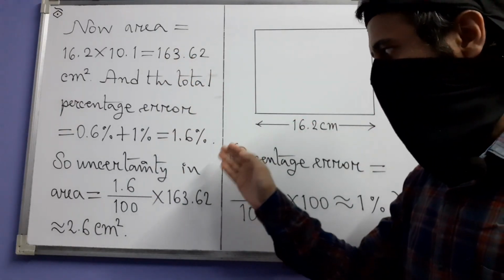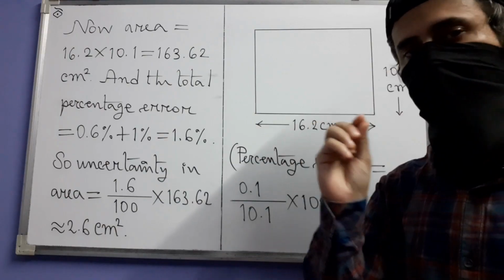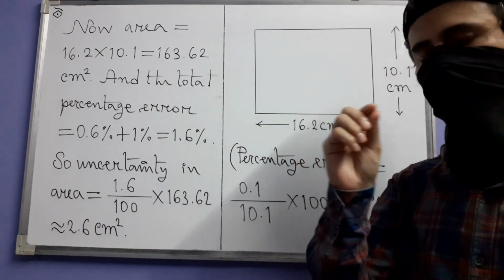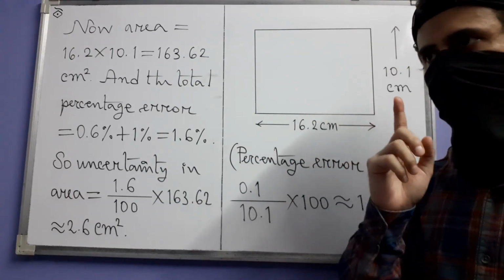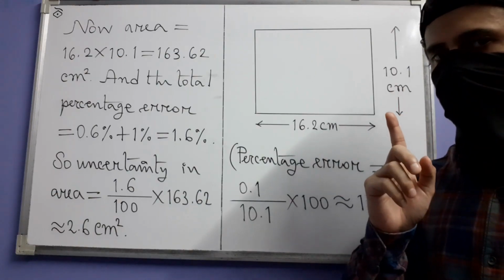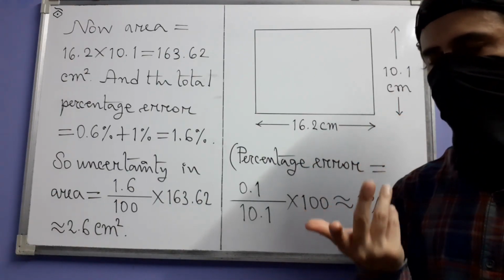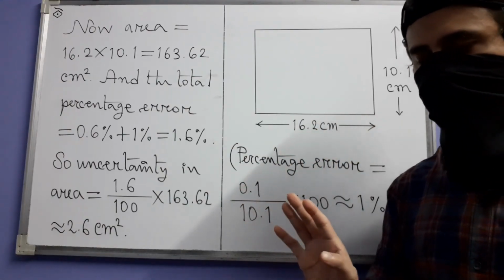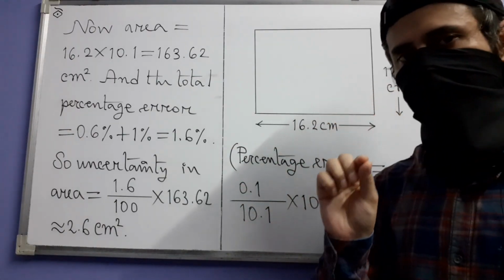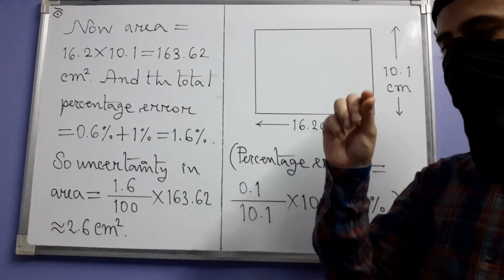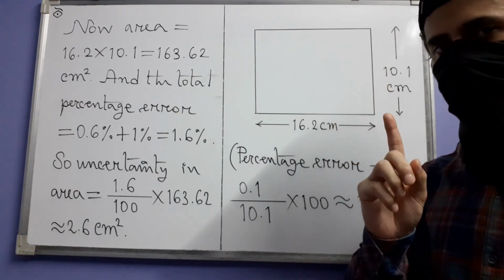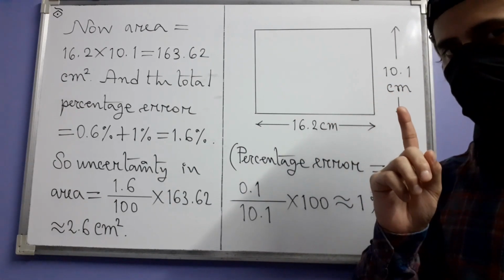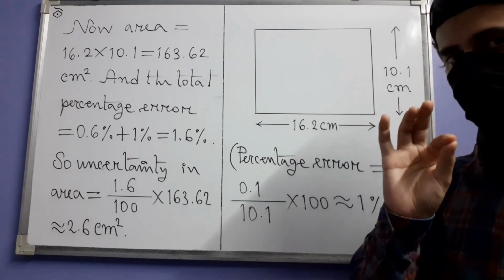And what about the original errors, 0.1? In each one, actually, it's just 0.1. Turning it into percentage gave us something else, but originally it was 0.1 centimeter plus or minus. So there the number of significant digits is 1.